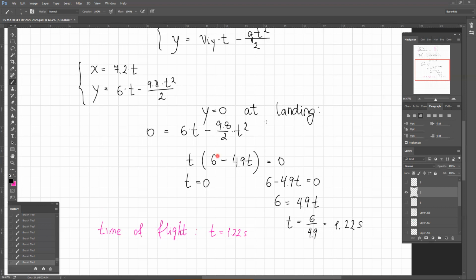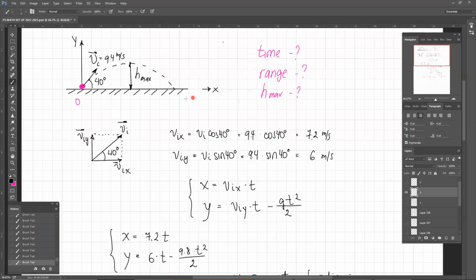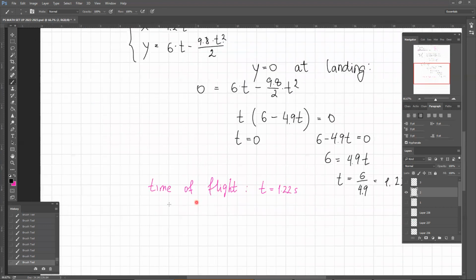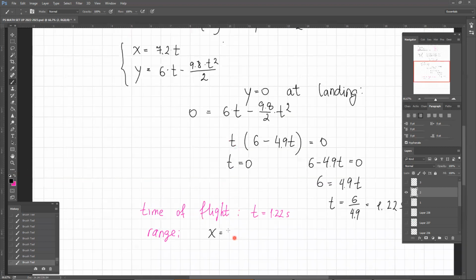And now we can proceed to find the range, how far the object flew, which is found by the x equation. So let's say range is x equal 7.2 multiplied by 1.22, 8.784, which I will round up to 8.8 meters.